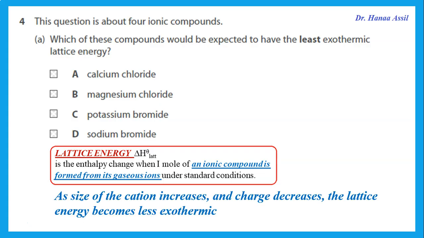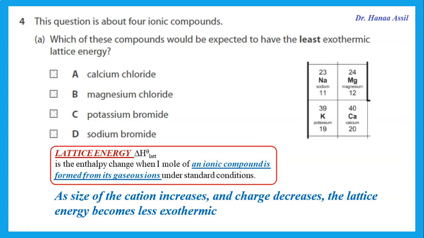To have the least exothermic, we're looking for a cation with bigger size, so a larger cation, and charge decreases. So I want one with lower charge. So I'm looking for the cation that is larger in size, lower in charge.